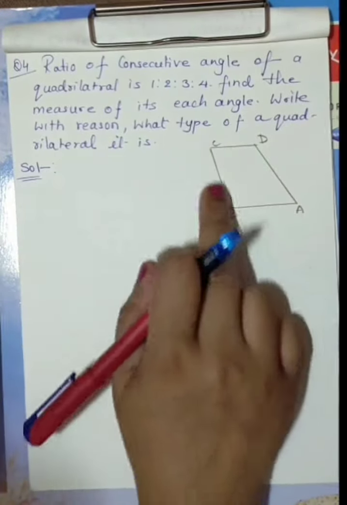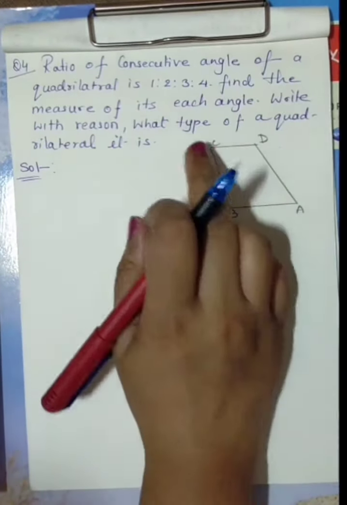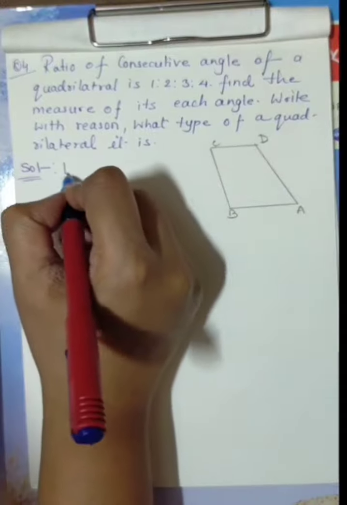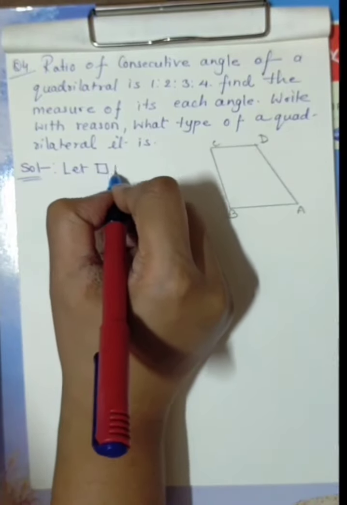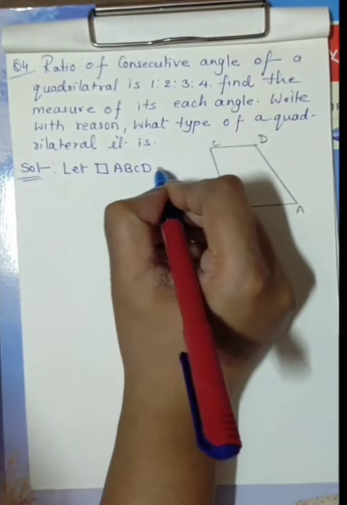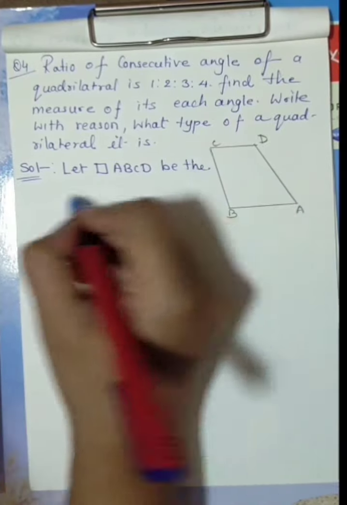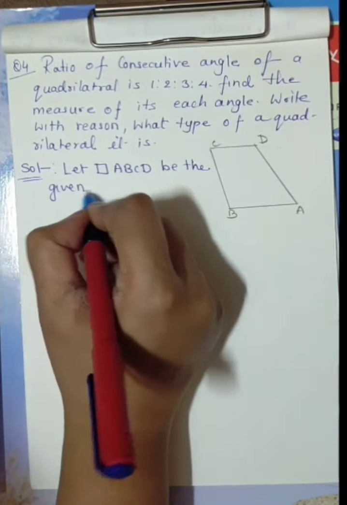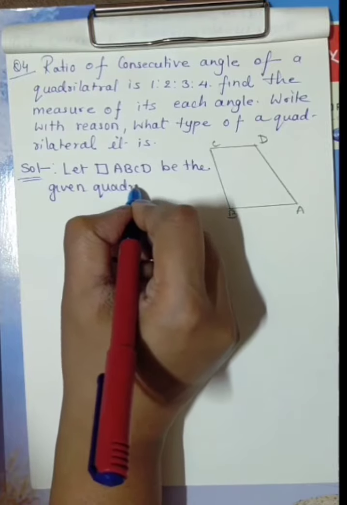See, this is our diagram A, B, C, D. Let quadrilateral ABCD be the given quadrilateral.